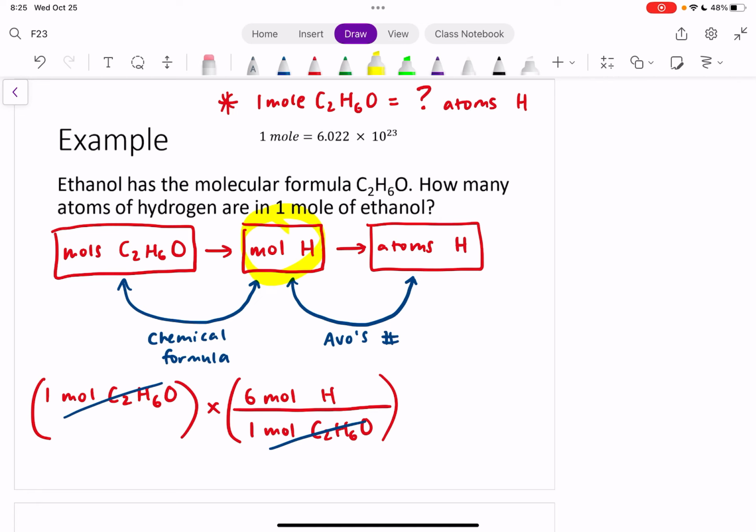because now we're here. And now we need one more unit conversion. I know that in 1 mole of hydrogen, putting that on the bottom so I can cancel it out, right? In 1 mole of hydrogen, there are 6.022 times 10 to the 23rd atoms of hydrogen.